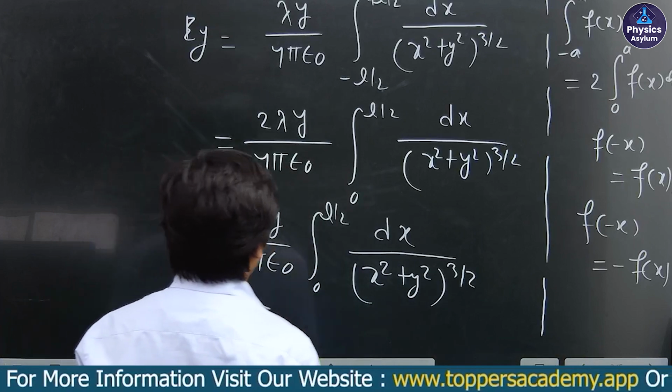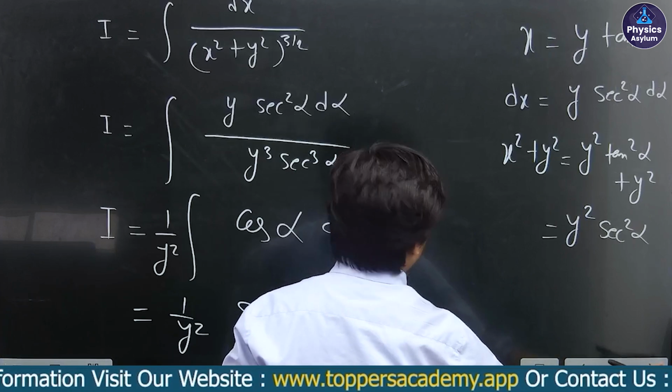If I take limits from 0 to L/2, what will happen?